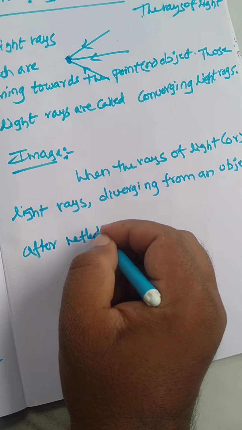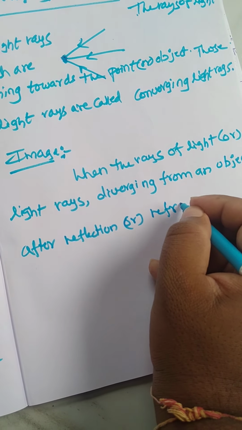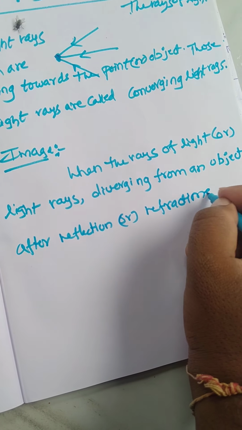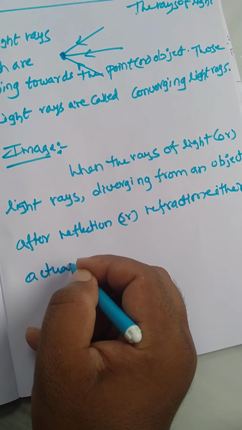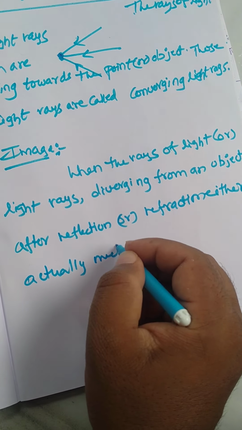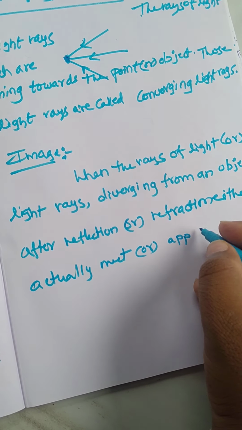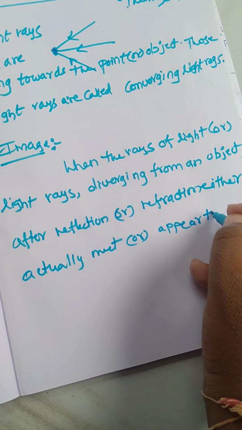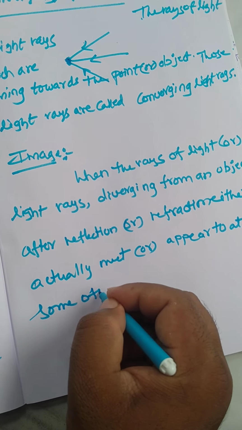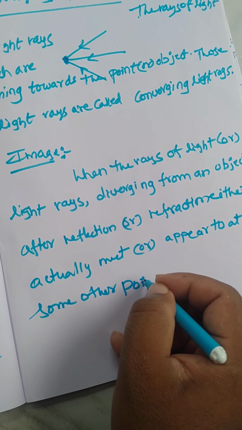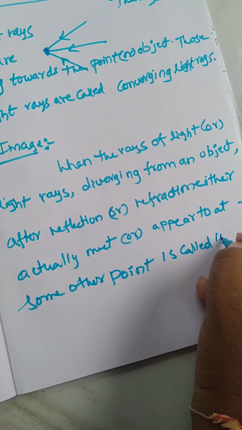after reflection or refraction either actually meet or appear to meet at some other point, that is called an image.